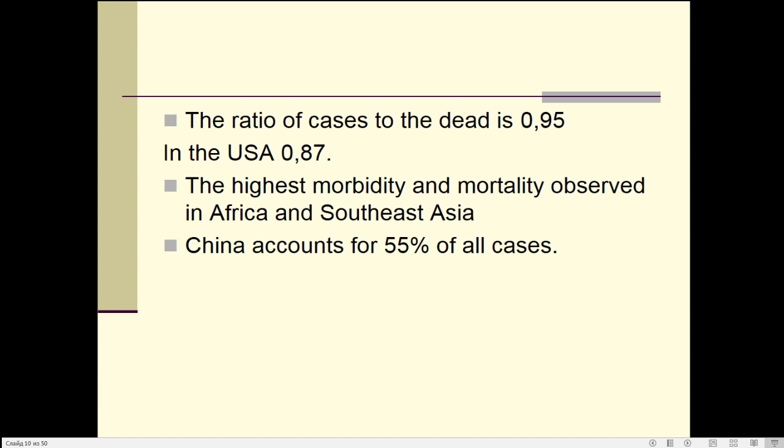The ratio of cases to deaths is 0.95 in the USA, 0.87 elsewhere. The highest morbidity and mortality is observed in Africa and Southeast Asia. China accounts for 55% of all cases.